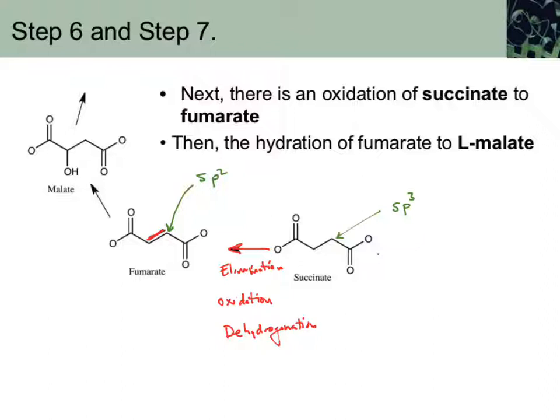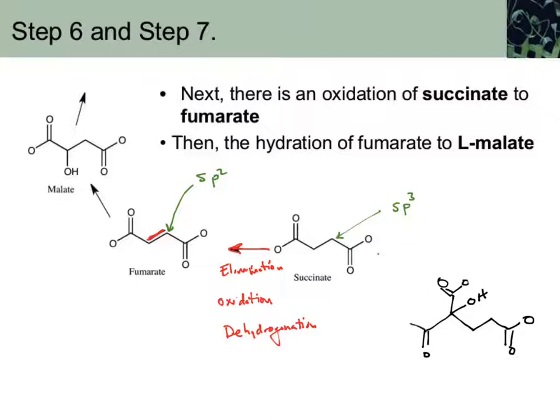I can't draw the structure. Actually, I can draw the structure. Maybe. I don't know. We'll see. I think I can. What is that, Thomas? Nobody? Thomas the train?